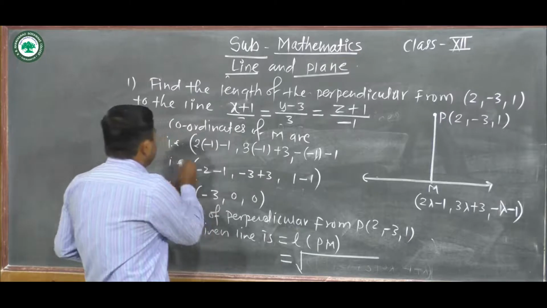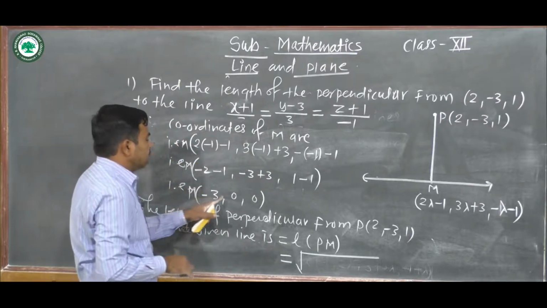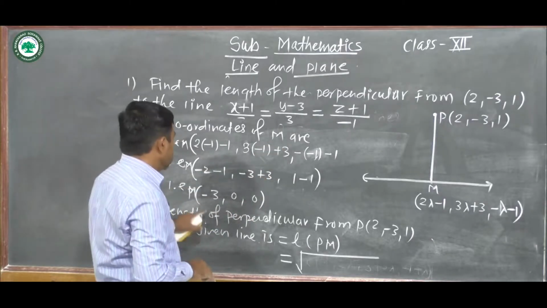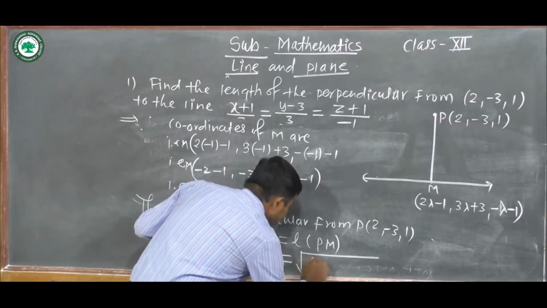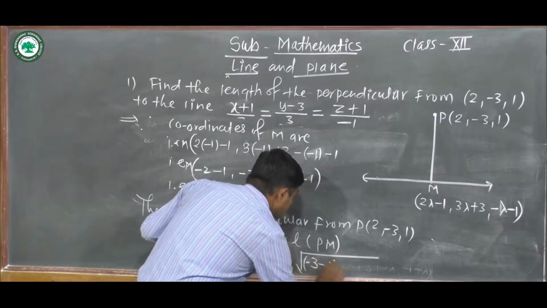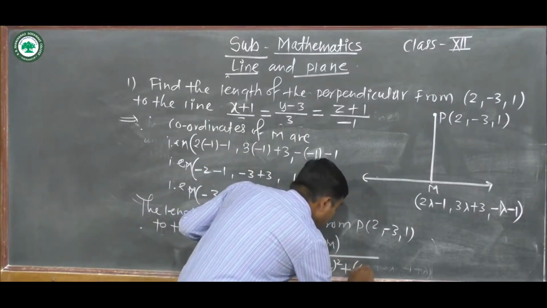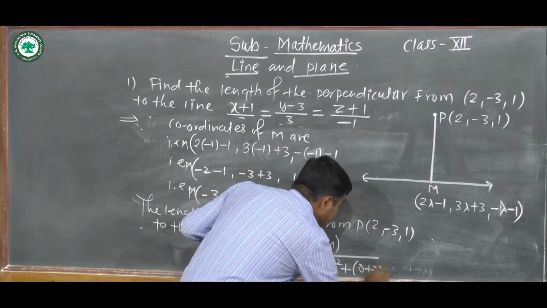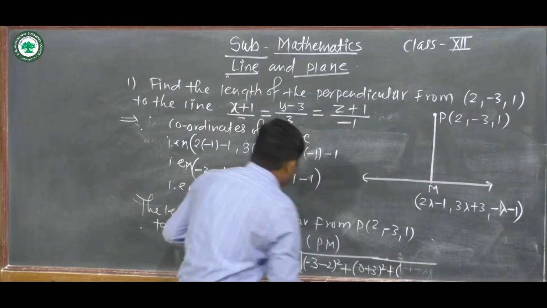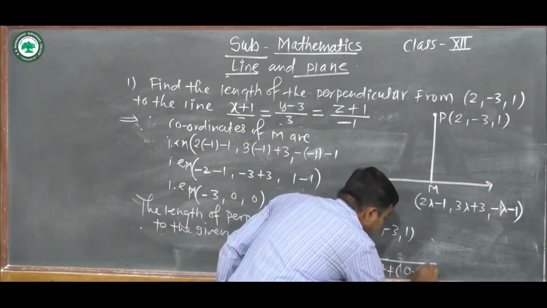So now here point M is minus 3, 0, 0 and point P is 2, minus 3, 1. So it is minus 3 minus 2 whole square plus 0 minus of minus 3, plus 3 whole square plus 0 minus 1 whole square.